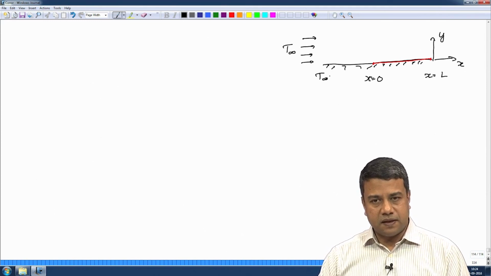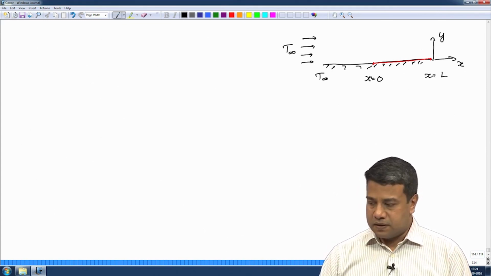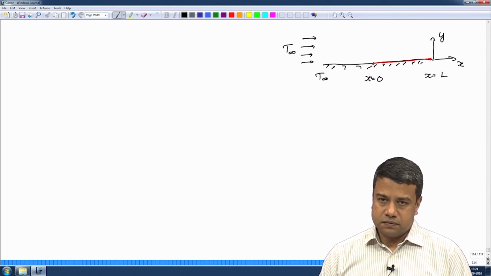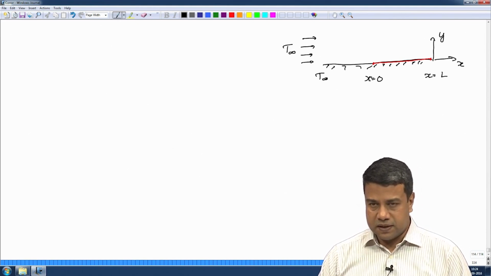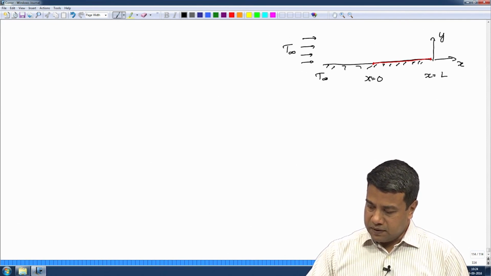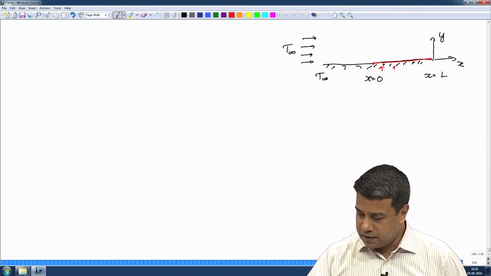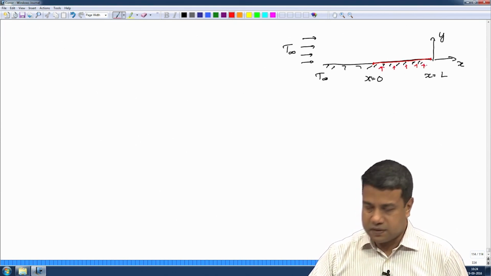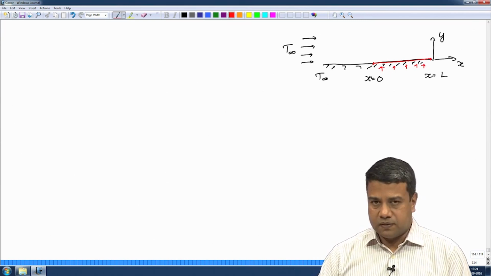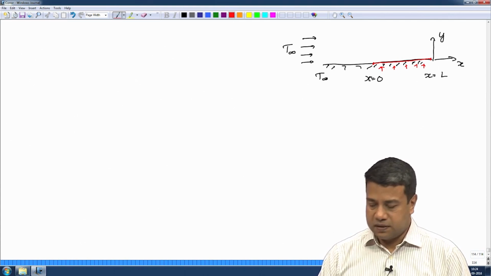The fluid is coming in at temperature T infinity, and only for x greater than 0 at the surface y is equal to 0 there is heating of the fluid. Therefore, you would expect that there should be thermal diffusion into the fluid starting at x is equal to 0. Transfer from the wall to the fluid.